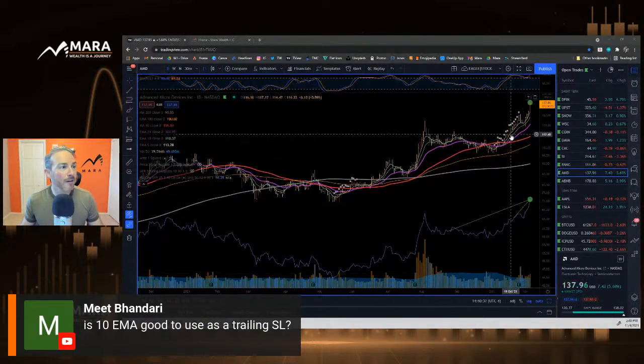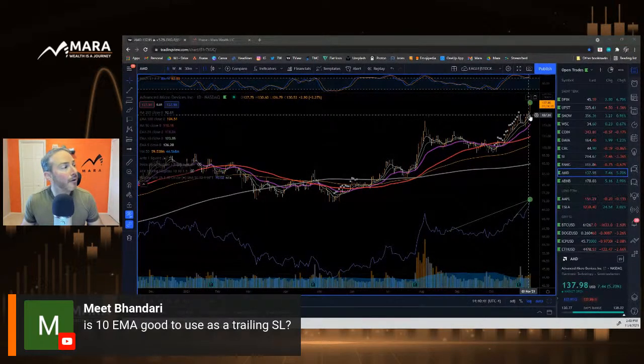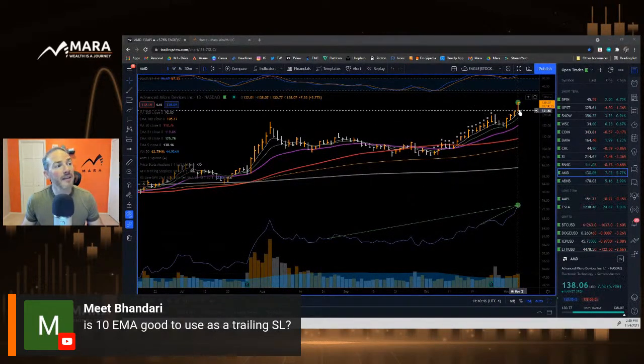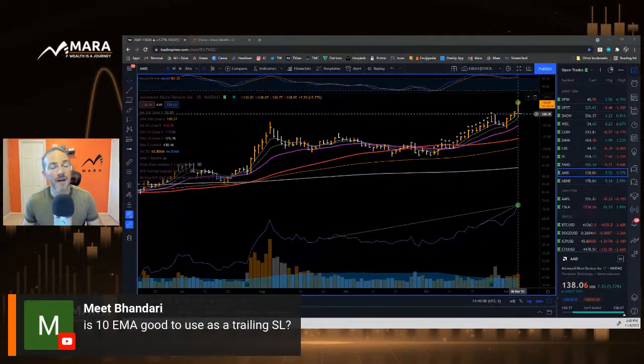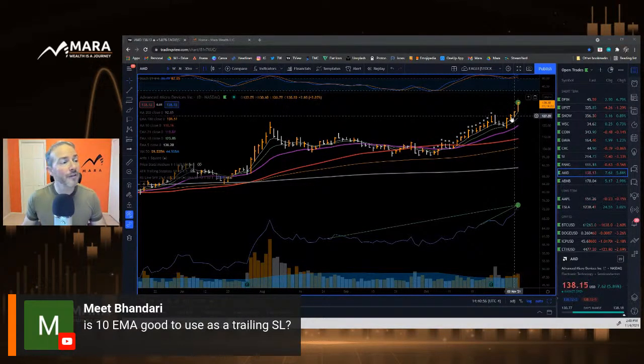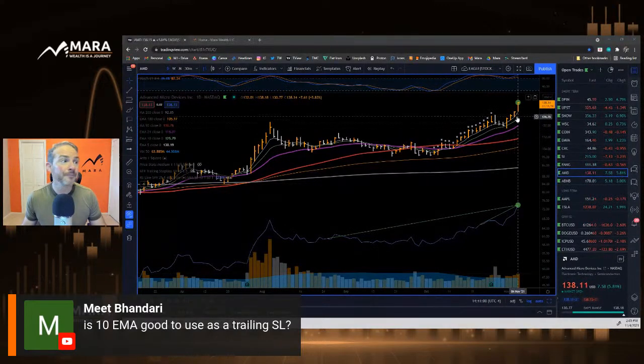One of the things that you'll see in price is that certain moving averages might act as a guardrail. So for right now, you might say there's a strong argument the 5 EMA is acting as a guardrail. So if price should close below the 5 EMA, depending on your time frame, of course, maybe you should start to scale out of some, or you should expect a short-term consolidation like this.